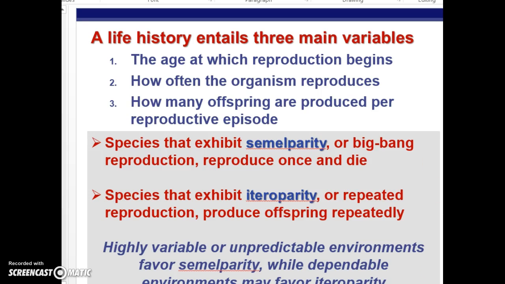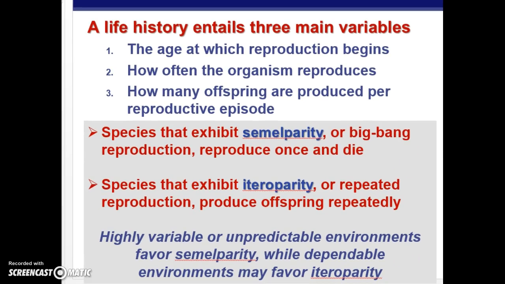So what is important to realize is that environments are going to favor one versus the other. So if you have a really unpredictable environment, or it varies a lot from year to year, then really having this big bang strategy of the semelparity is going to be a better strategy.